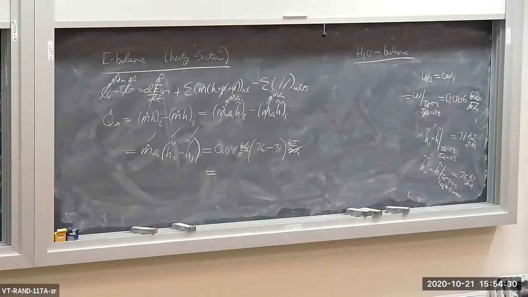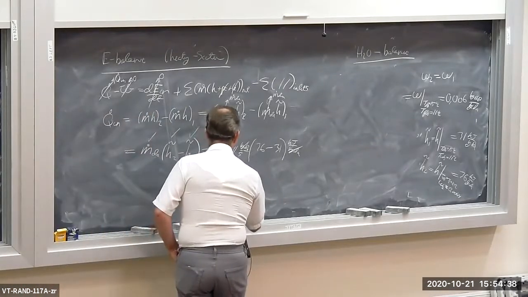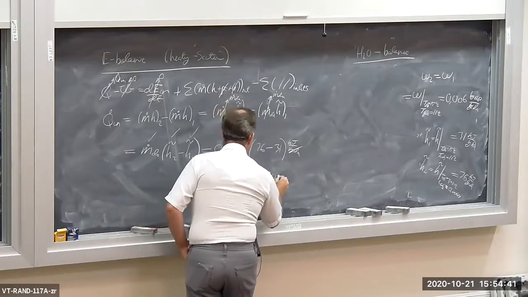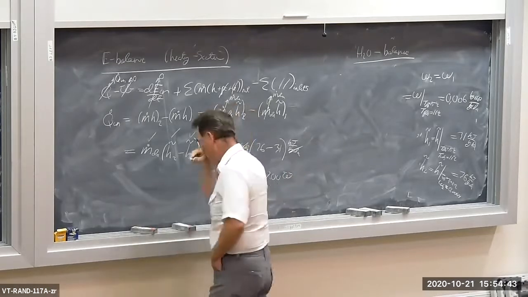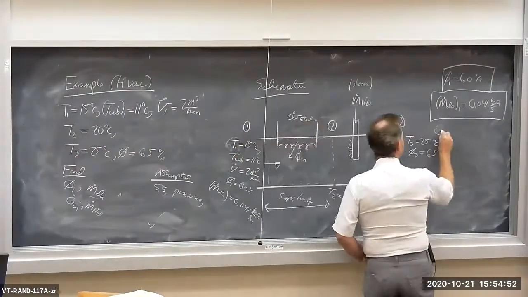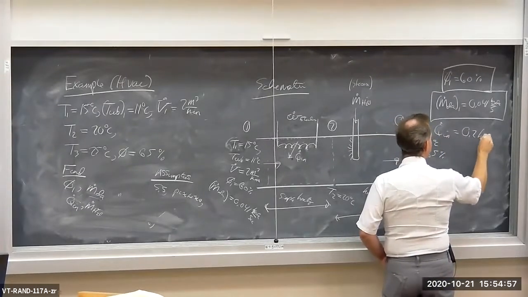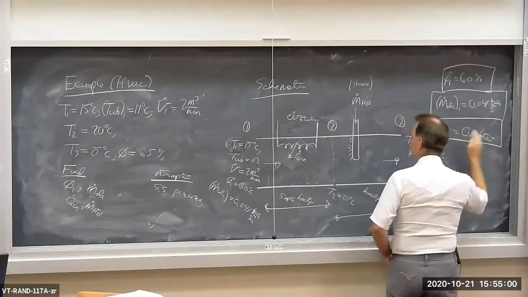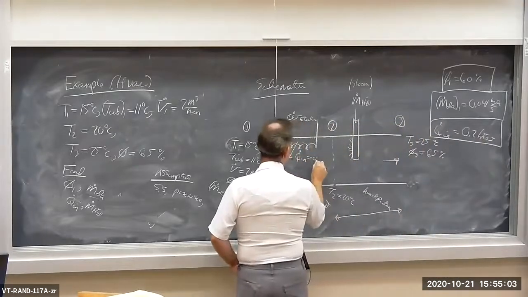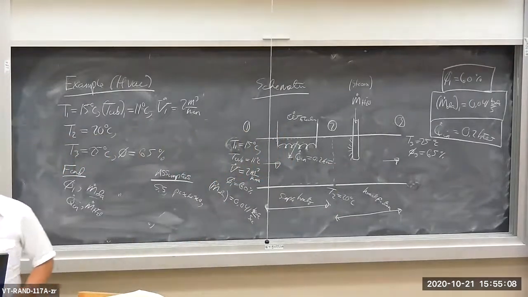Q dot is 0.2 kilowatts, or if you like, 200 watts. So Q dot in equals 0.2 kilowatts in the heating section.